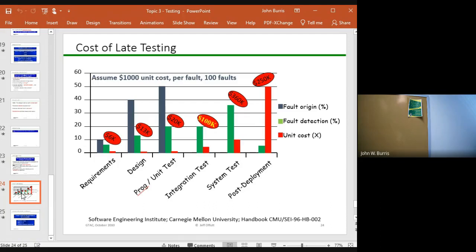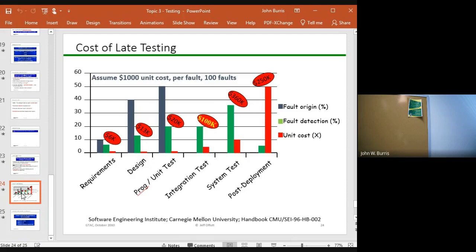In the black or gray, you have the percentage of bugs that were introduced into a software system. The green shows what percentage of those bugs were caught at that phase. And the red is the cost per bug for each bug that's found at that phase.